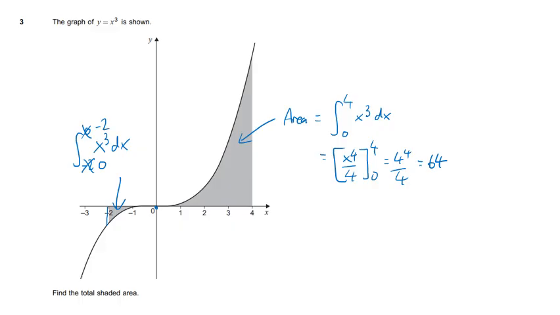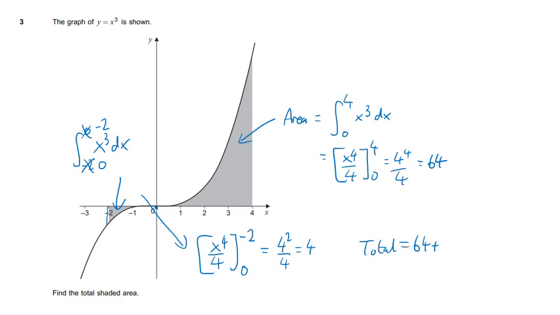So that's going to give us the same integral, x to the 4 over 4, same antiderivative, from 0 to minus 2 this time. So we've got minus 2 to the power of 4, so that's squared and squared again, so that's going to give 4 squared, in fact, over 4, which is 4. So the total area, 64 plus 4 is 68.